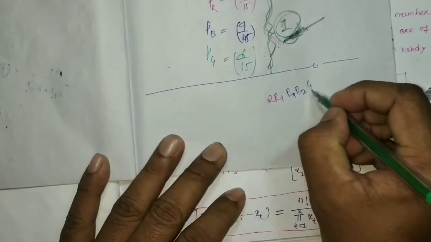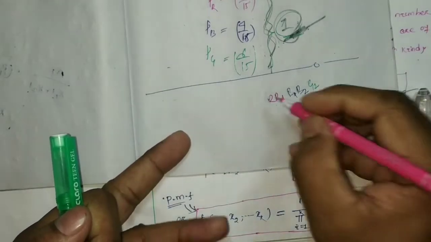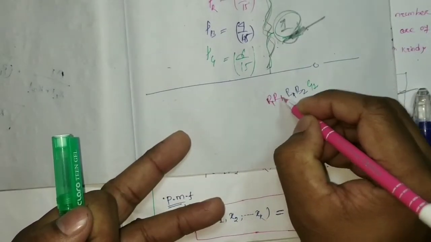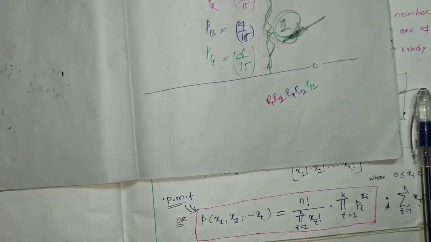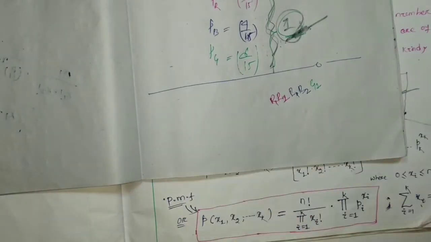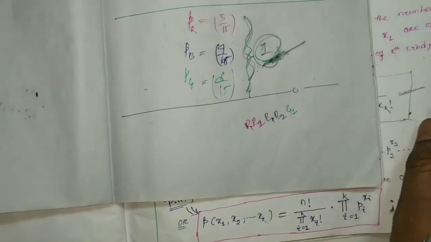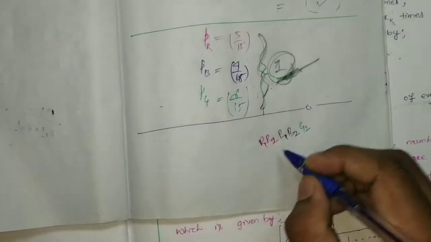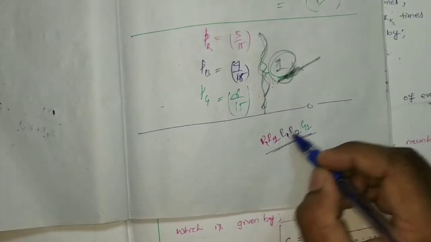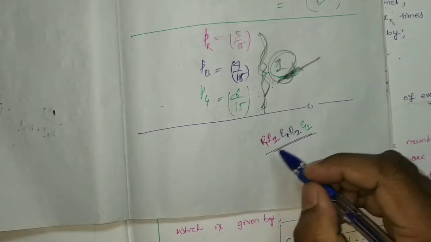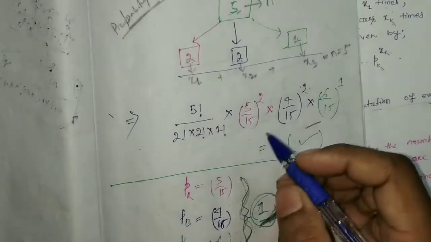So what are the possible combinations? On the basis of that, traditionally you can find the outcomes. It will be very large if we are going to find the possible outcomes of this 5.